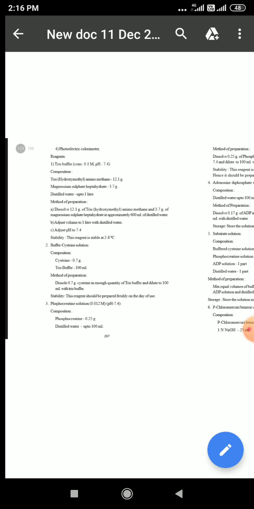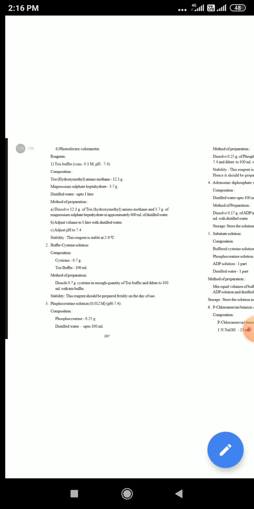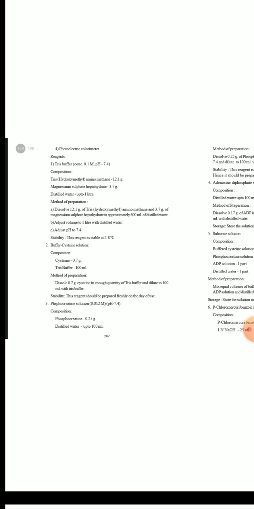Method of preparation: dissolve 12.1 gram of tris aminomethane and 3.7 gram of magnesium sulfate heptahydrate in approximately 600 ml of distilled water. Adjust volume to 1 liter with distilled water. Adjust pH to 7.4. Stability: this reagent is stable at 2 to 8 degrees Celsius.